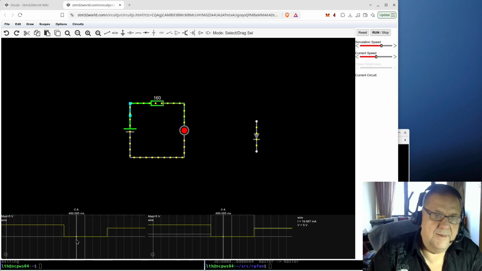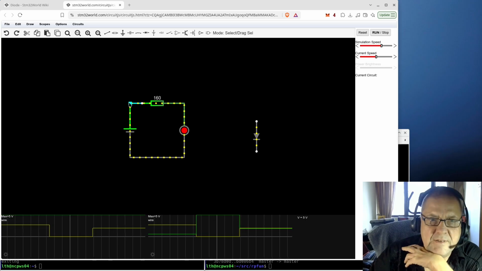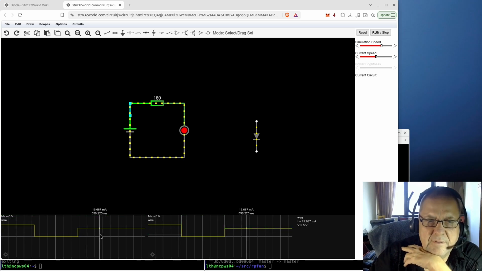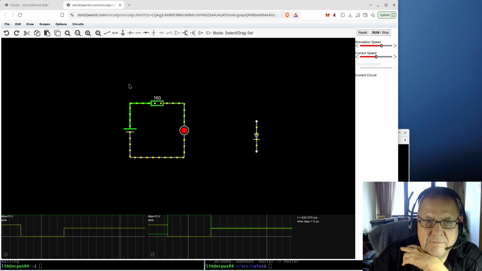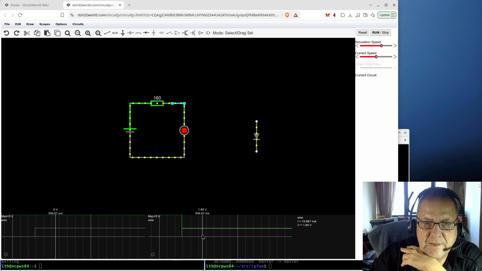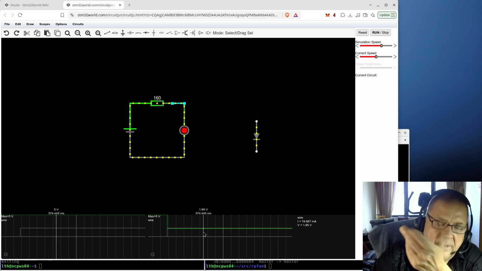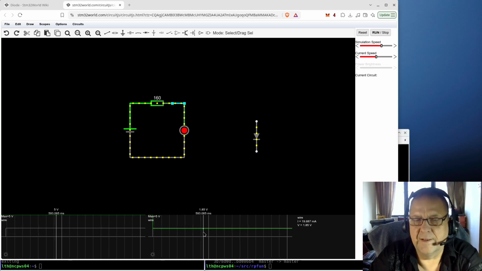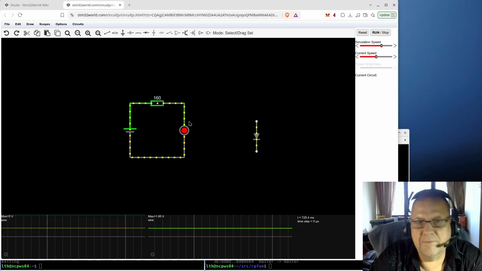And if we look down here at the voltages, you can see there's 5 volt going into the resistor, but over here you can see that there is 1.8. Okay, this particular LED has a 1.85 volt voltage drop.